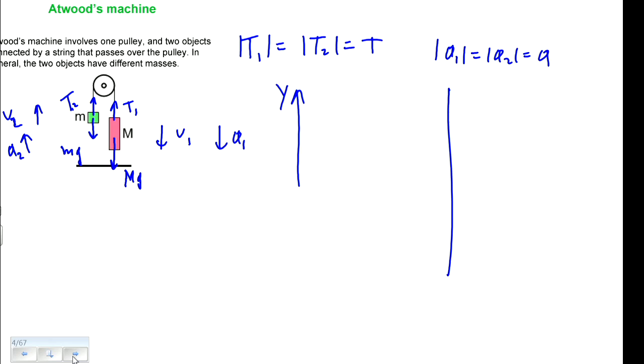Now we have to write Newton's laws twice, a law for each object. How does the law sound? Please. How does Newton's second law sound? Absolutely.